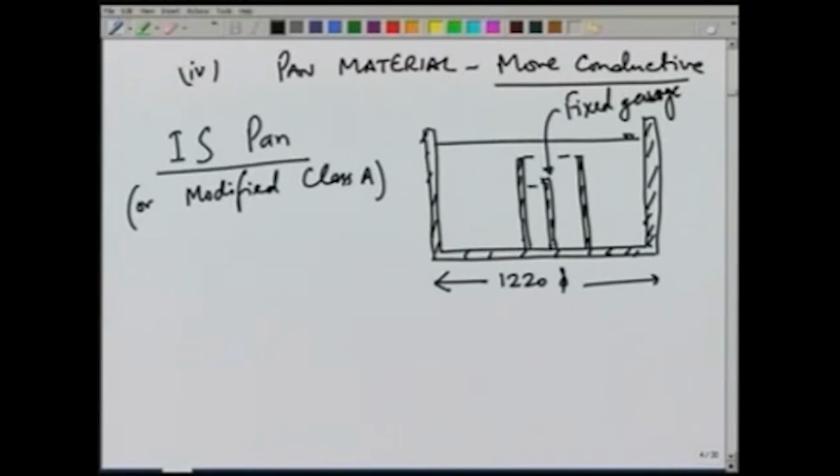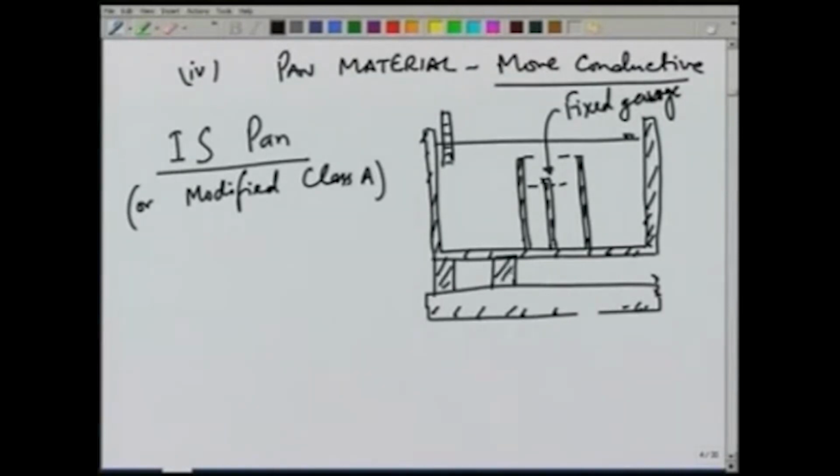So the water level will be measured on this gauge. There will be a thermometer also which will measure the temperature. So there will be some temperature measuring device here. Again, this is also put on a wooden frame. So there is a frame here, and then wooden blocks in perpendicular direction, so that air circulates freely around the bottom.